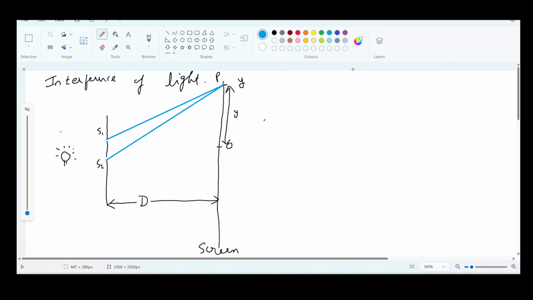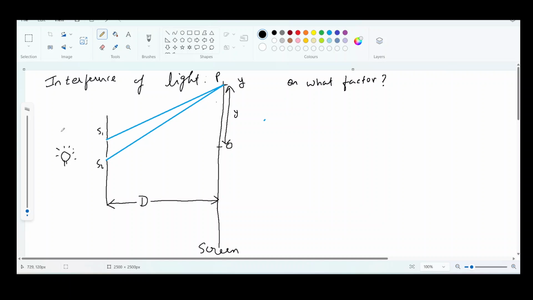Okay. And now the next thing we ask is, on what factor does it depend whether at point P I will get a dark band or a bright band? Okay, what factor does it depend on?